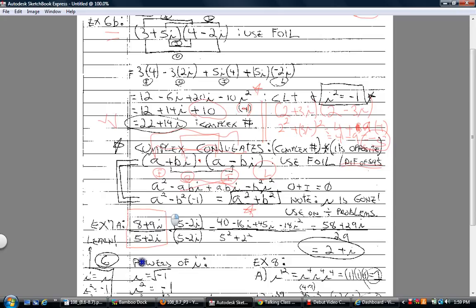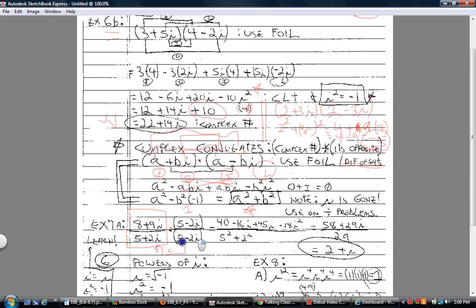Well, to help you out, what you want to remember is, just like we don't care for radicals in the denominator, we now don't care for i's, or imaginary numbers, in the denominator. And the way to get rid of the i is to multiply by the conjugate. I'll put the little letter C there to remember. So you take 5 plus 2i, write its conjugate down, stack it because it equals 1. Anything divided by itself equals 1. And you're going to go ahead and multiply.